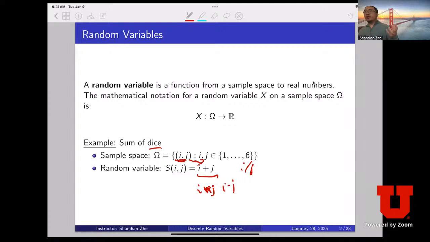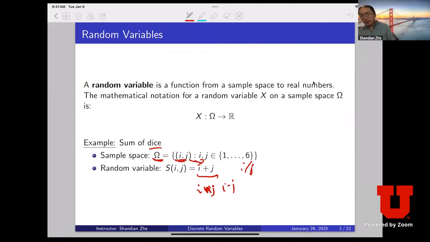In continuous random variables, one big thing is that the sample space may no longer be finite. Instead, it could be infinite and more complex. It could be uncountably infinite. In that case, the random variable is also a function, but you have to add some additional restrictions.